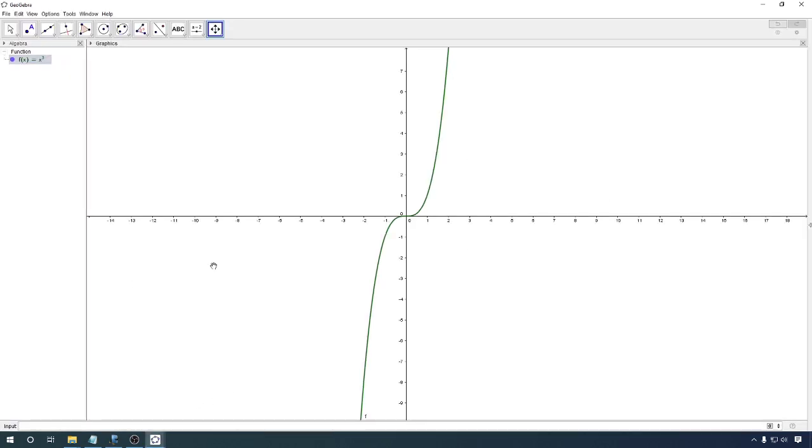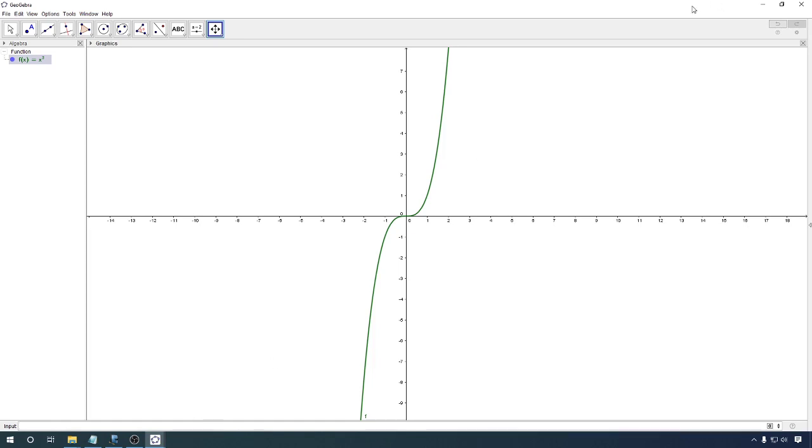So just as a reminder of what that looks like, we have this curve that just keeps going up. It never turns around or anything like that, but it does level off, actually have a horizontal tangent line at 0, enough that we see a critical point there, even though there is not a maximum or minimum.